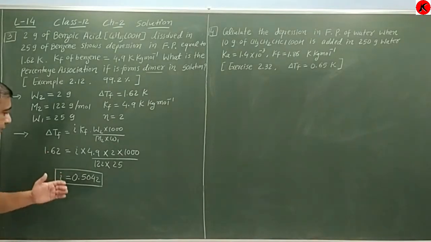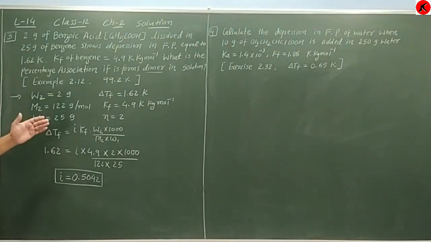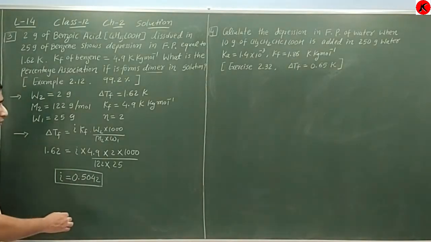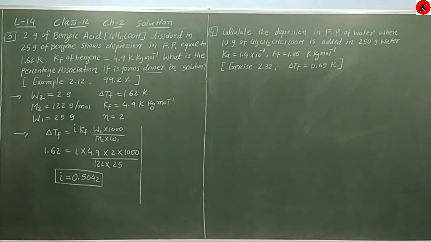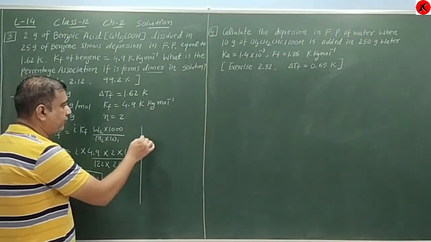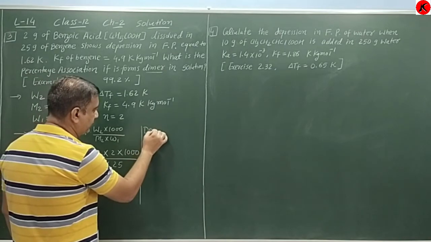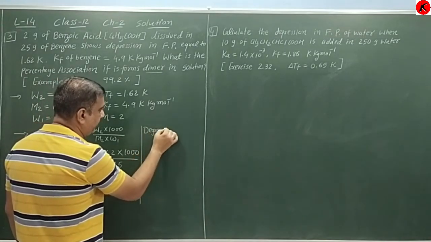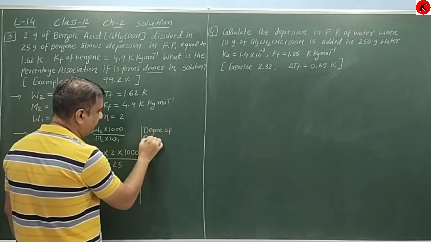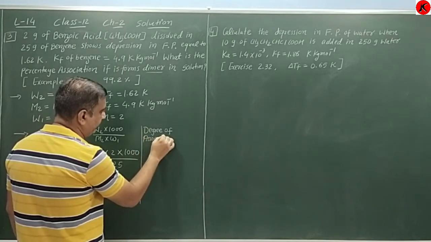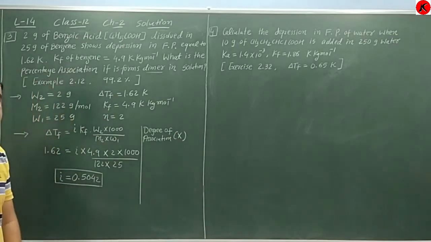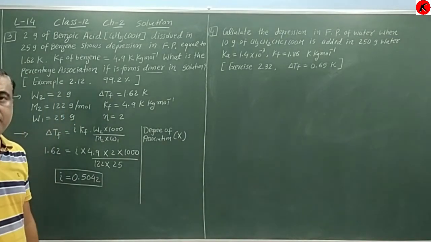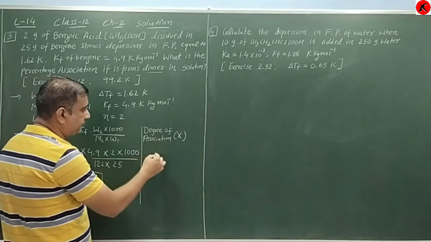Now once the value of i is calculated, it is easy to calculate the percentage association. For that, first calculate the degree of association. Suppose the symbol is x, otherwise we can also write alpha.